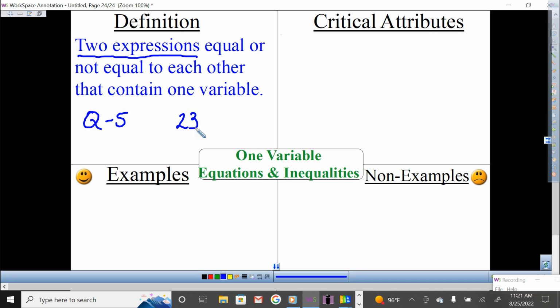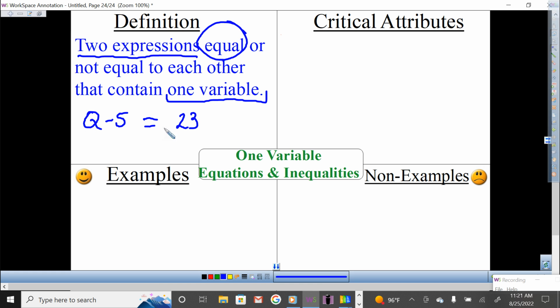Okay? But according to the definition, it says 2 expressions equal to one another. So in order to make these equal, I just do this. Do you see an equation now? Yes. But it's particular because it only has what? One type of variable.